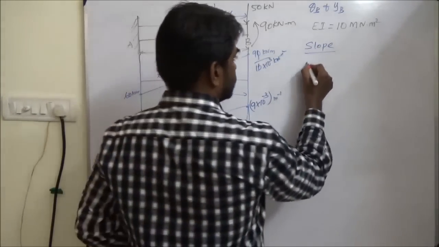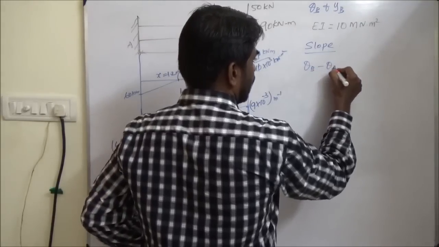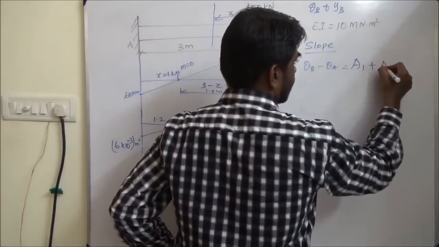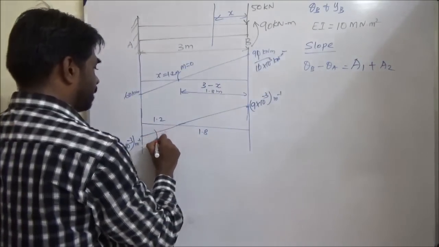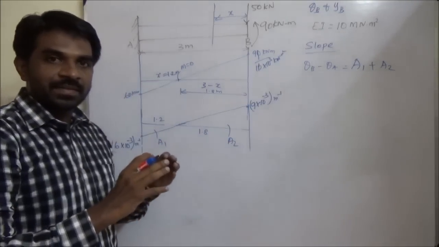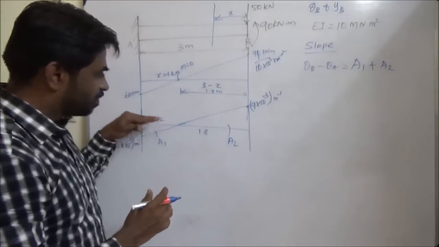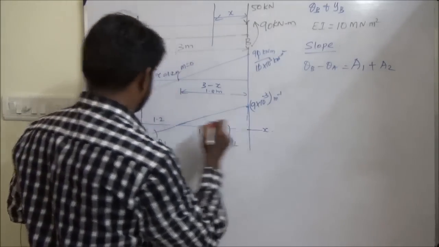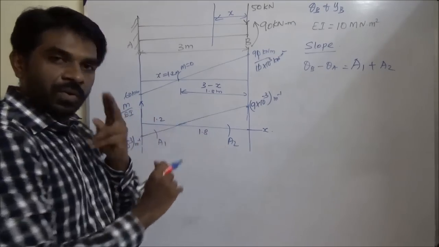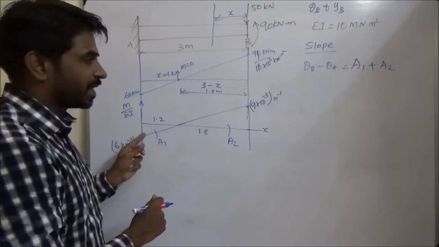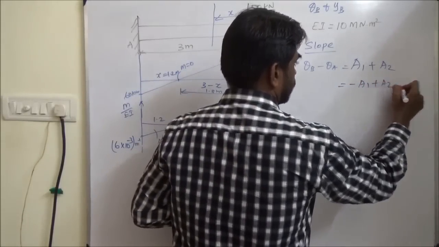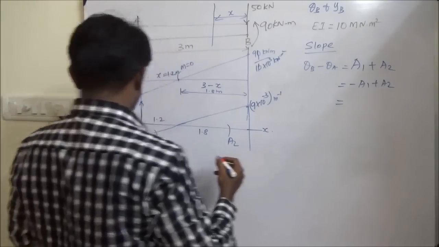What is slope? Theta B minus theta A equal to areas A1 plus A2. This is A1 and this is A2. But here also, since it is below the x-axis, what is the y-axis? M by EI. Below x-axis, this is negative. Okay, so negative A1 plus A2. What is A1?